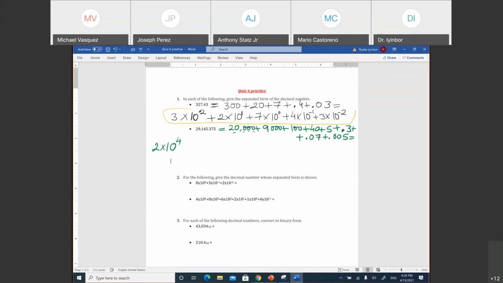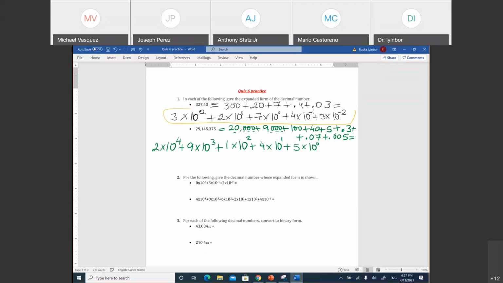Then you continue plus 9 times 10 to the how many zeros? 1, 2, 3, cube. Plus 100 is going to be 1 times 10 to the square, because 100 has 2 zeros. And then you continue with 4 times 10 to the first. And then 5 times 10 to the 0.